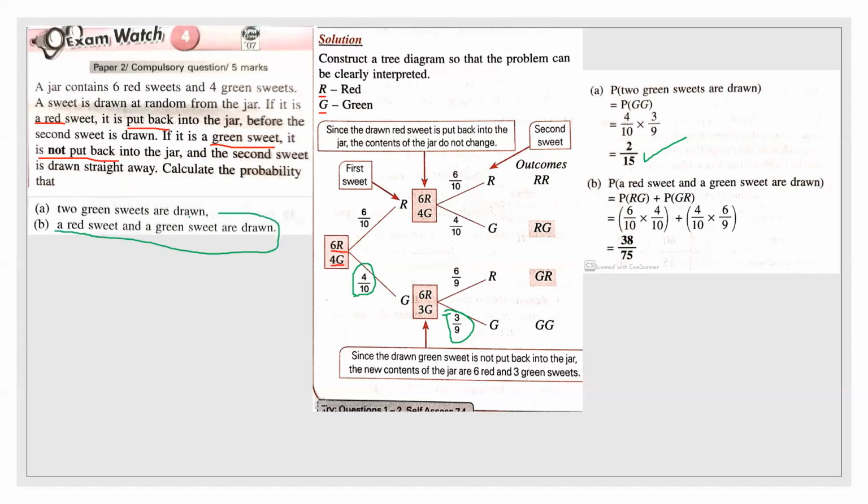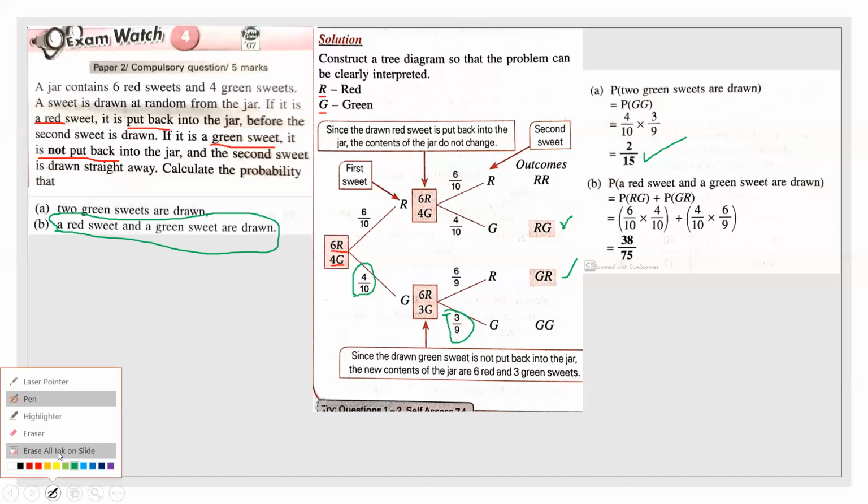Next, if you take a red sweet and a green sweet, it doesn't ask for the arrangement. So it can be a red sweet and a green sweet, or a green sweet and a red sweet. The outcomes you need to pick are RG or GR. If I pick RG, it will be 6/10 times 4/10. If I take GR, it will be 4/10 times 6/9.